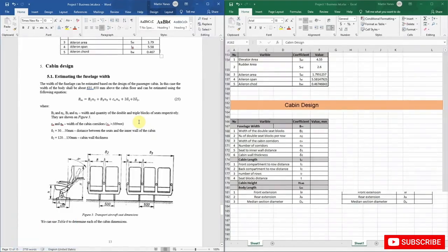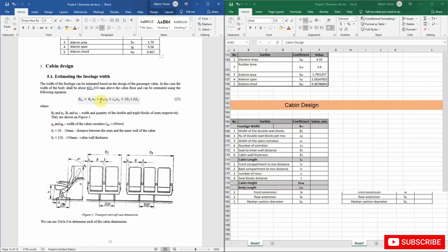So here we are in our workbook and actually in the business jet project, and also we're having the Excel worksheet that we're using for our project. And first I would like to talk about this equation that you just saw on the slides. As I said, the width of the cabin depends on the things that you add inside the cabin.